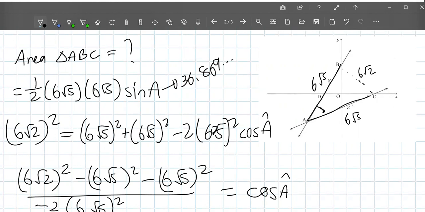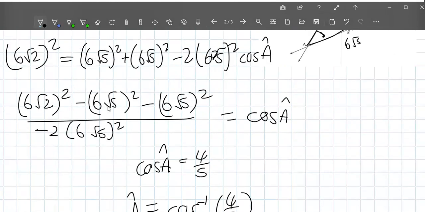On the calculator, you just put a half times 6 square root 5 times 6 square root 5, and then you could just say sine, and we get 54, which is the correct answer. So this does give us 54 units squared. This was the correct answer, correct method, just somehow something in my working went wrong.